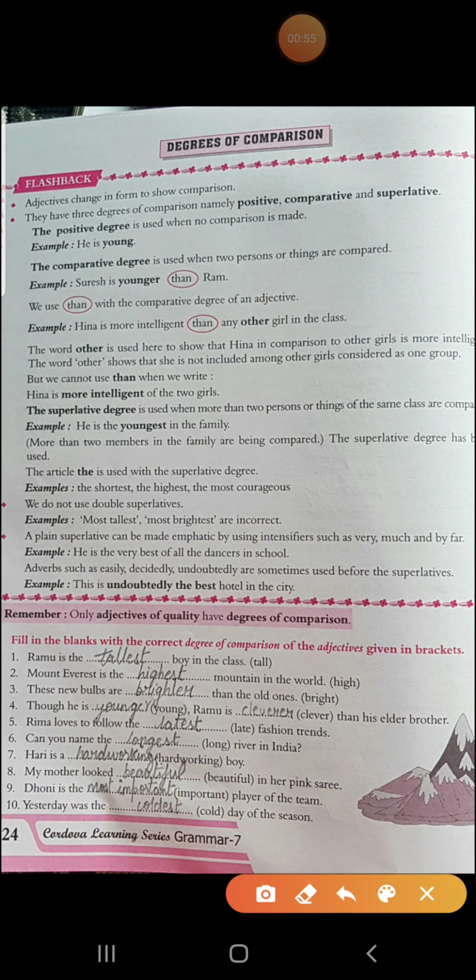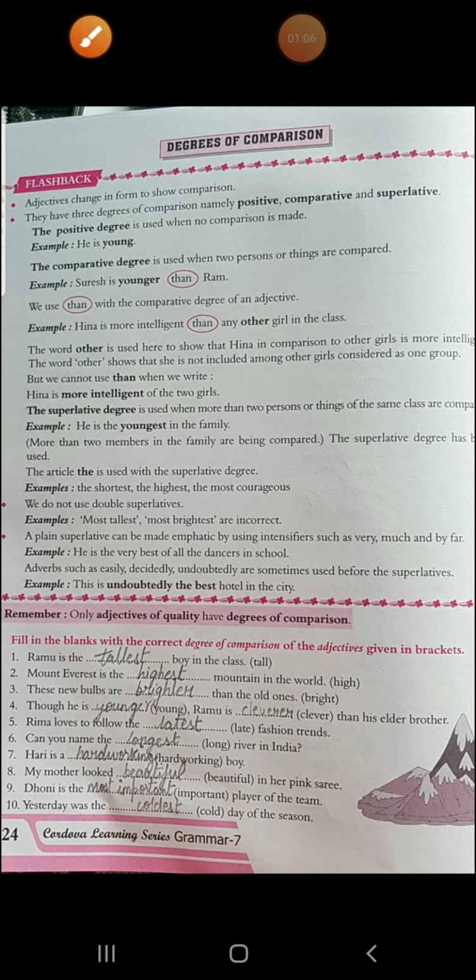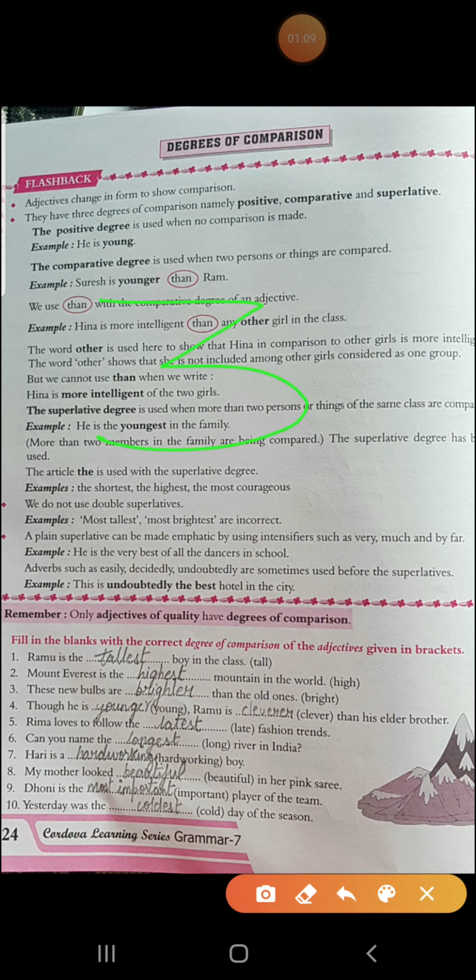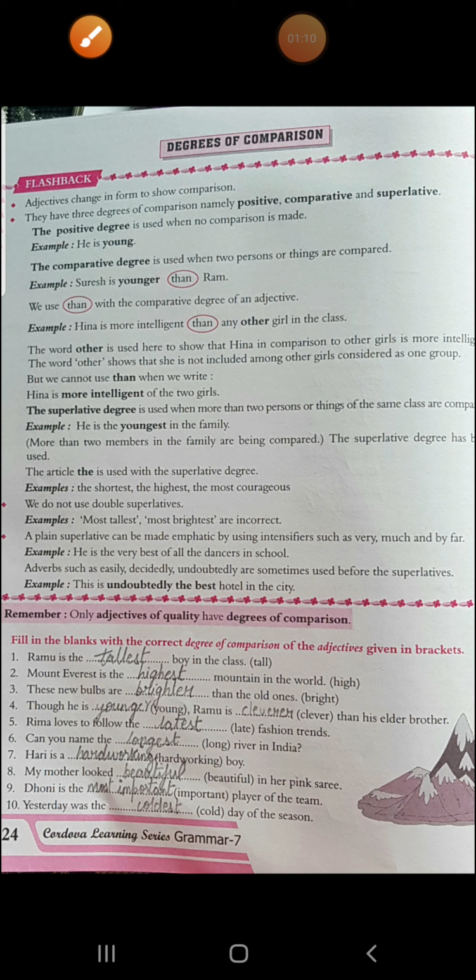They have 3 degrees of comparison, namely positive, comparative and superlative. So how many degrees of comparison do we have? 3. That is positive, comparative and superlative.